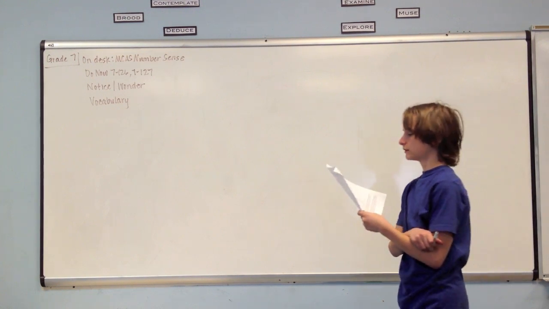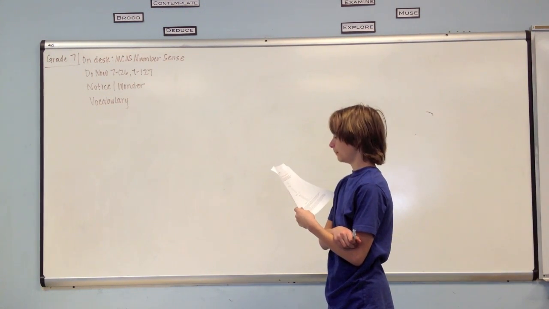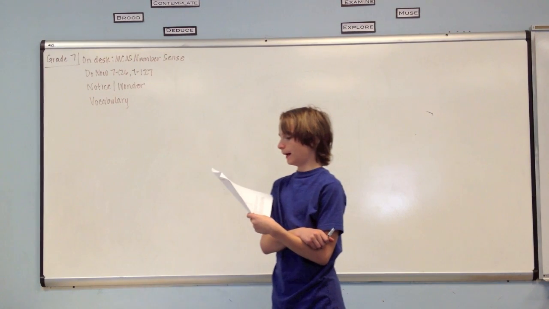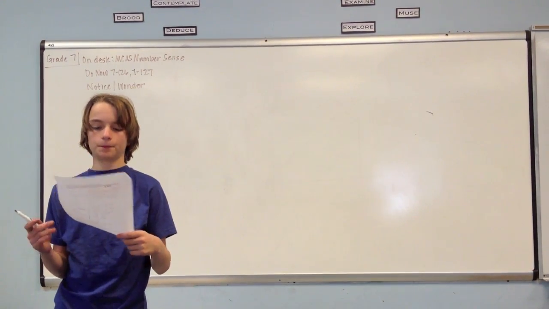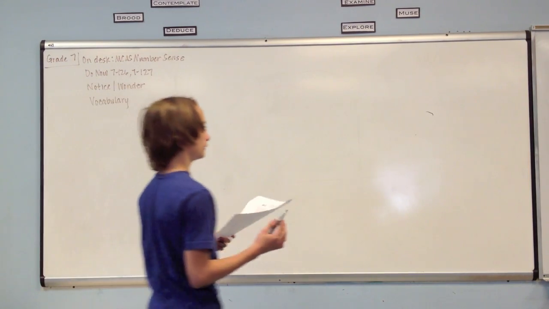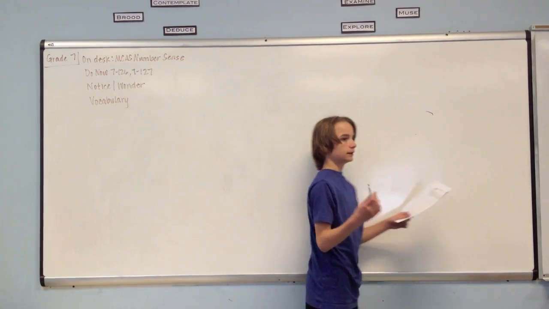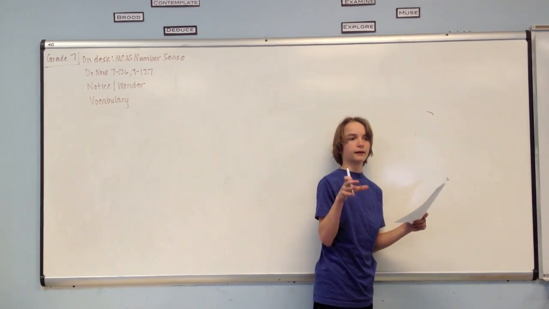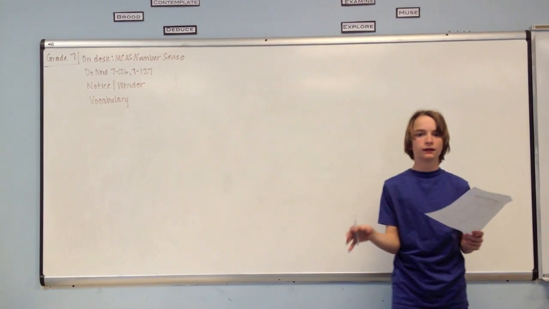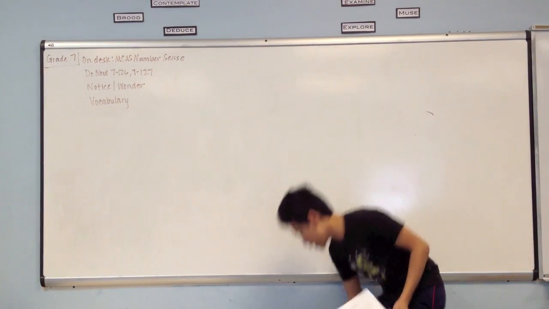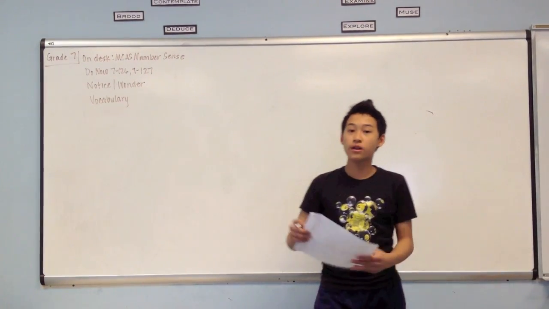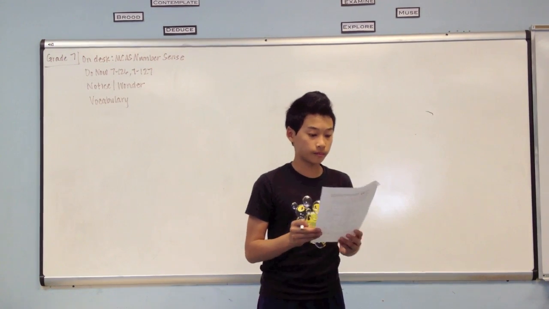So number 2 is we use the strategy of finding a pattern, and in this case, finding a pattern within other patterns, because it wasn't always the same pattern. There were a bunch of different patterns for each, so we needed to find a pattern within a pattern. So for this particular problem, we solved a simpler problem and found a pattern within that simpler problem.